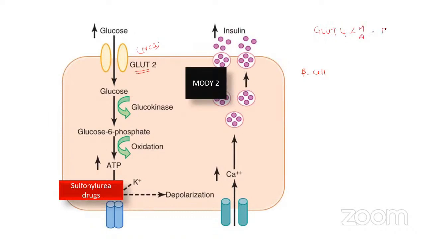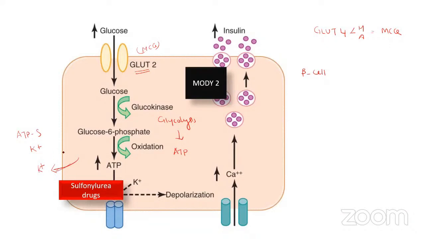It's another important MCQ. Once glucose enters the cell, it undergoes glycolysis to produce ATP. There is a channel known as the ATP-sensitive potassium channel. Normally, since potassium is the most important intracellular cation, it moves out of the cell through this channel.